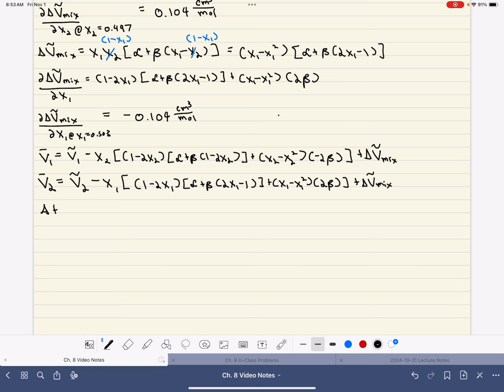All right. So at the composition of our actual mixture, we get the following values for our partial molar derivatives.